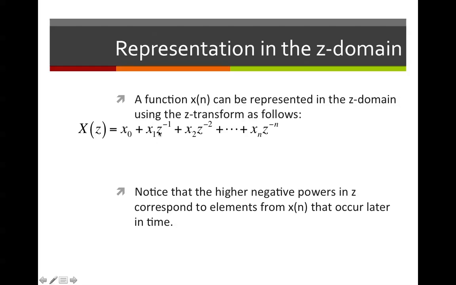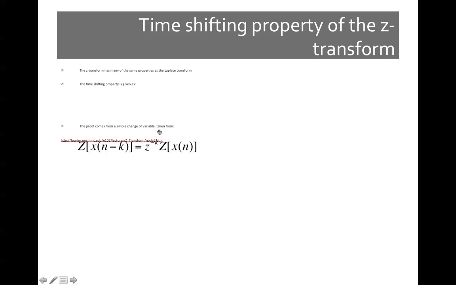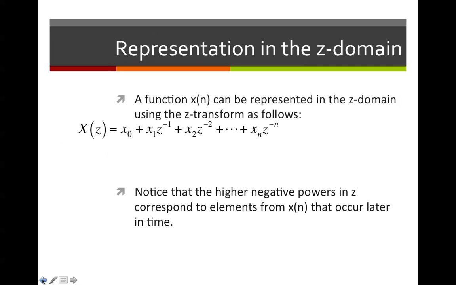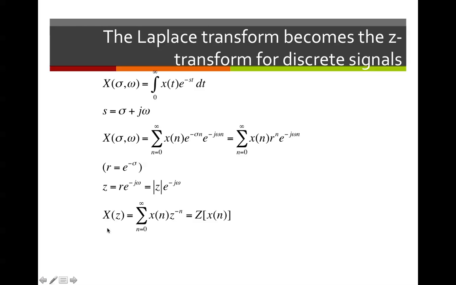So if we have some function x of n, which is just going to be an array of values, x sub 0, x sub 1, x sub 2, and so on, then we can represent that in the z domain by taking the z transform using the previous equation. Coming back to the previous equation, we see that the z transform is taken by summing each individual term multiplied by z raised to the negative power of whatever term we're in.